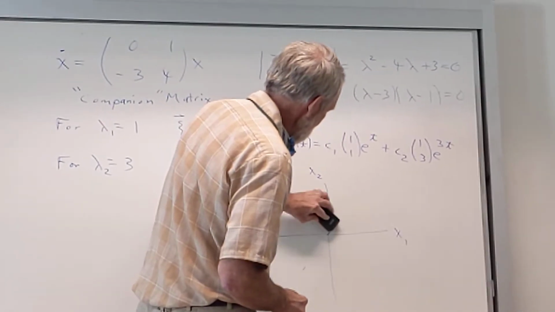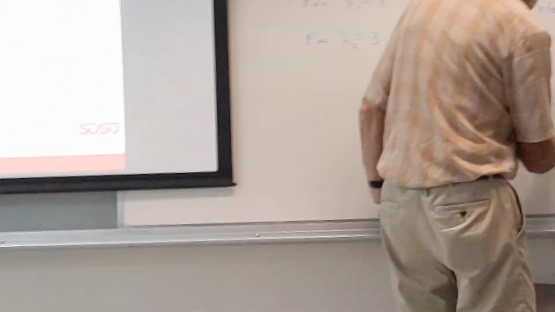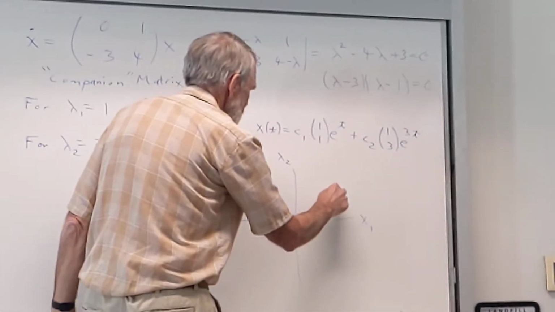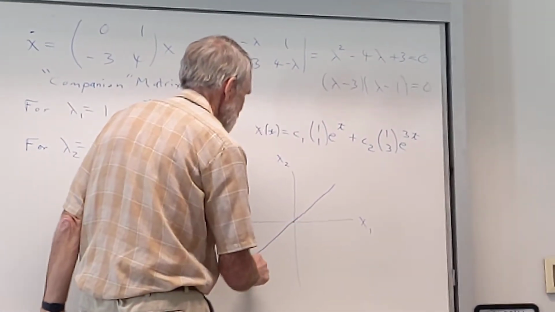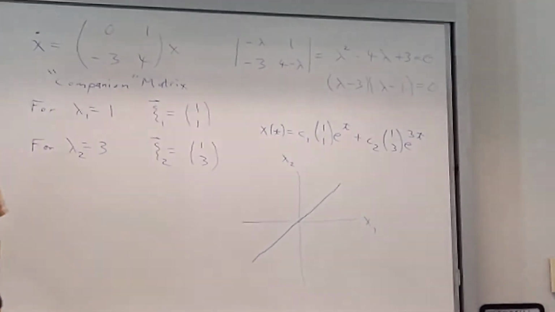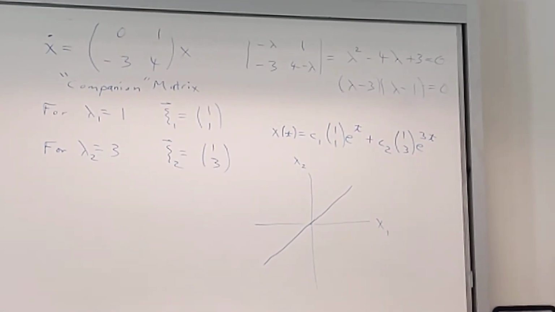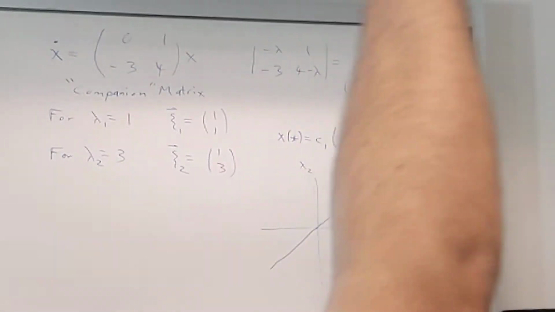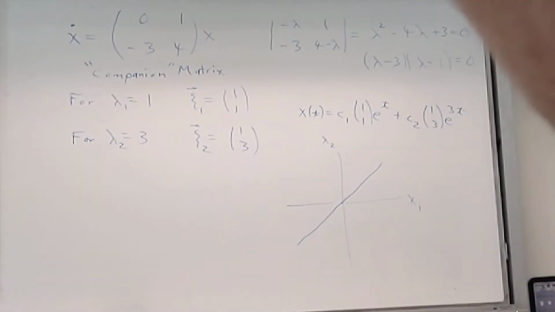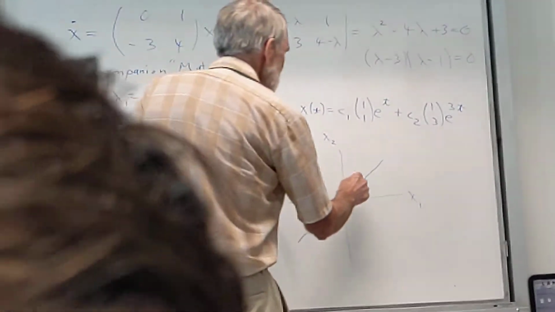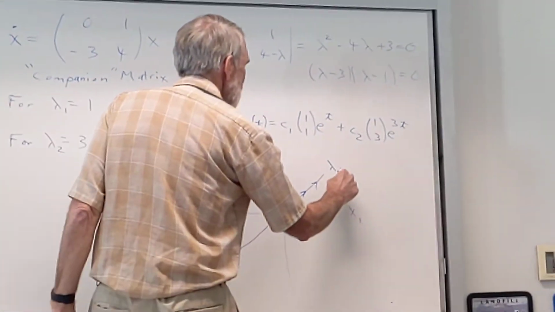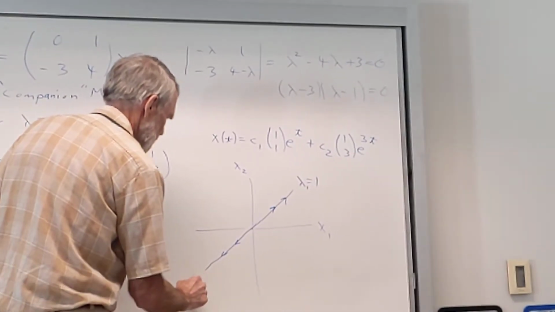And what about behavior along that eigenvector? Solutions go out, exponentially growing, don't they? So we would put our arrows going out over here. For the sake of making it easier to see, this is the lambda 1 equaling 1 for that growth.